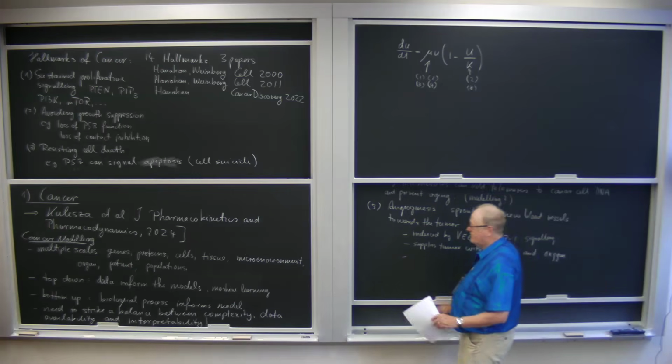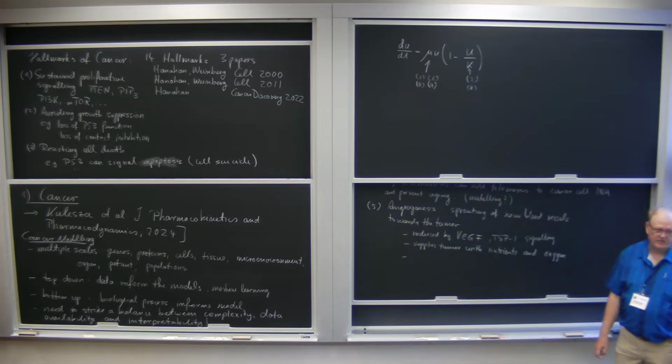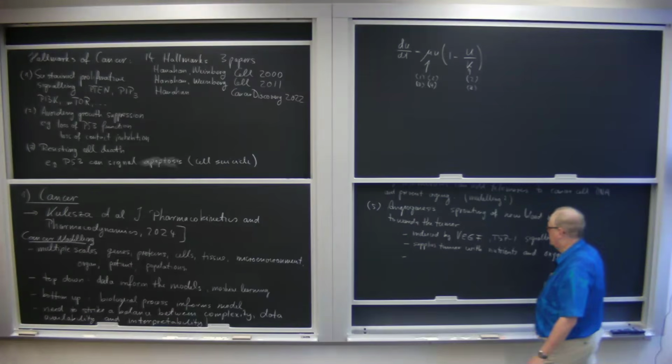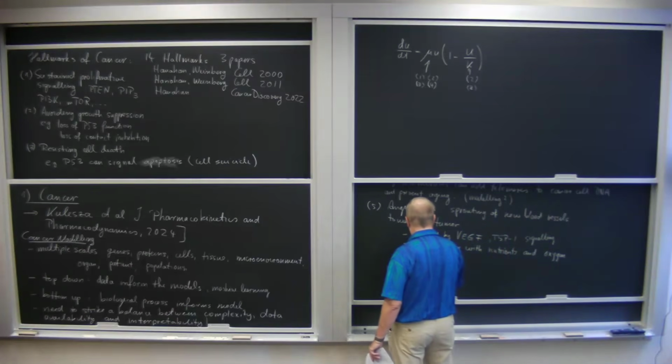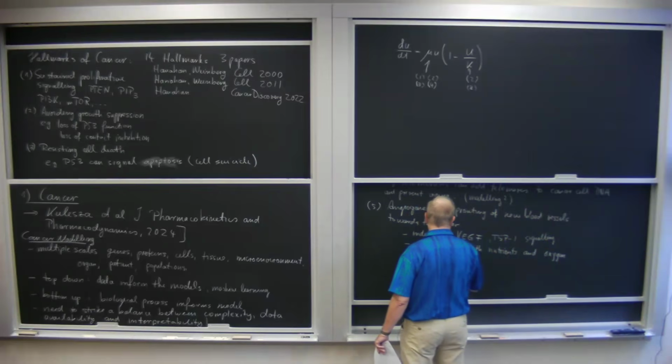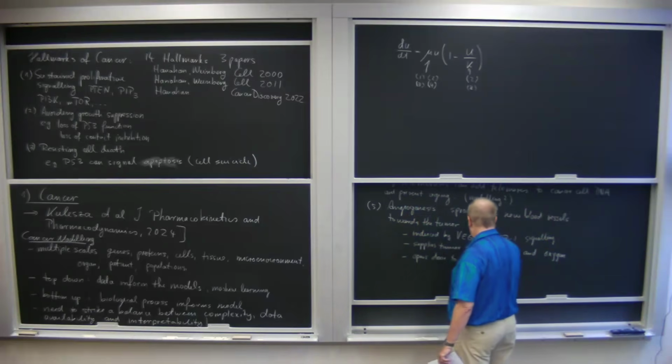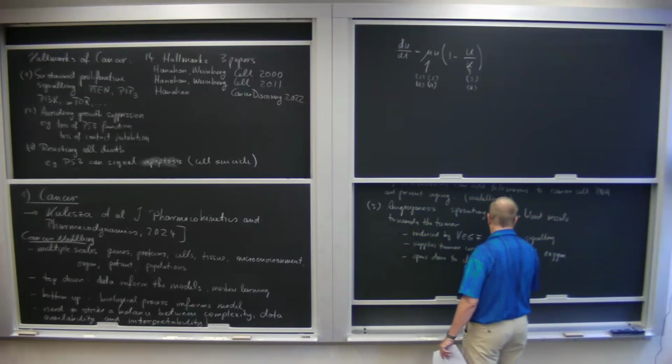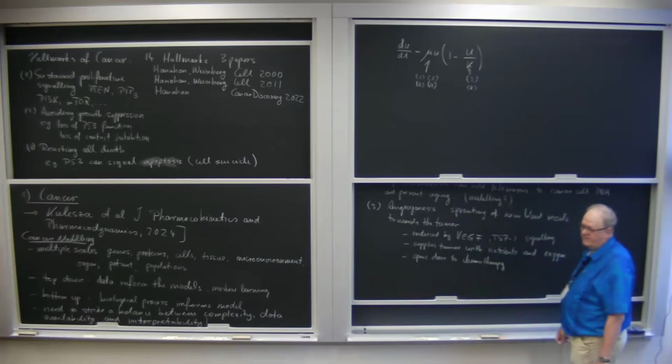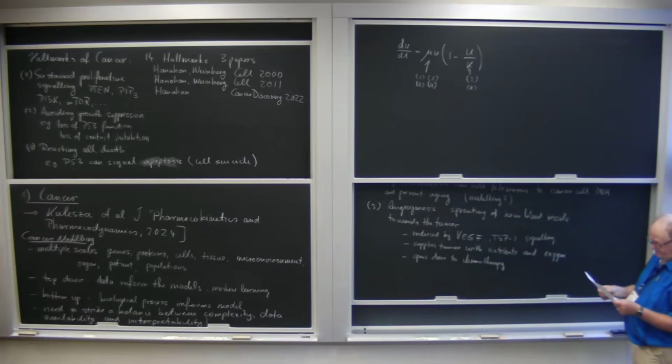But then it also supplies a route to get chemotherapy agents in there, or other drugs which are transported through the blood. So it opens the door to chemotherapy or other therapies which are transported in the blood system.